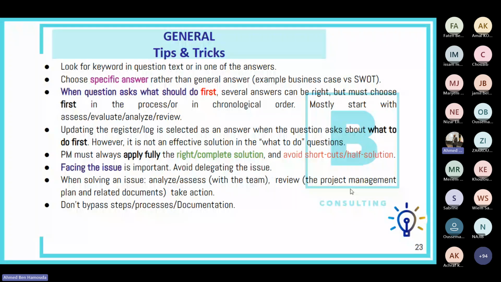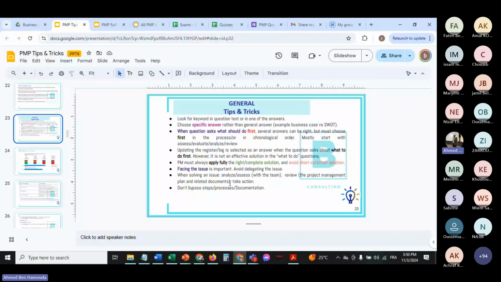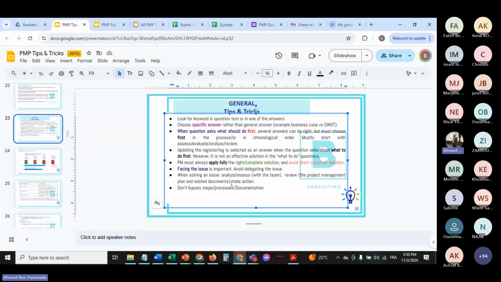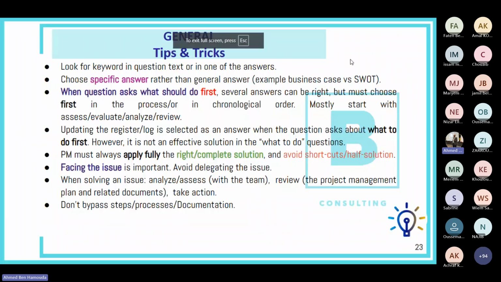Is there anything in the project management plan or the sub plans, such as the scope plan, schedule plan, risk plan, etc., and related documents? And then the last step is to take the action. So, analyze or assess is the first step with the team, then review the plan. The second and third steps are to take the corrective action or the workaround, or implement a resolution.